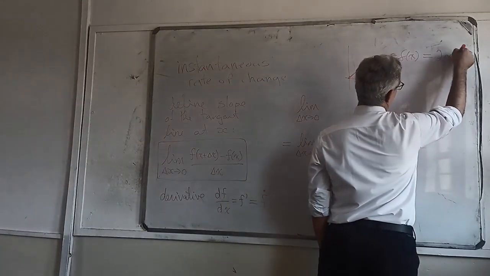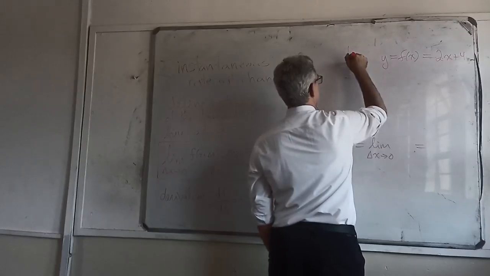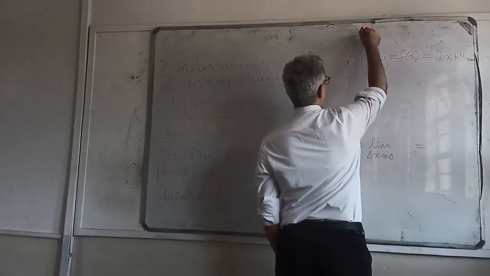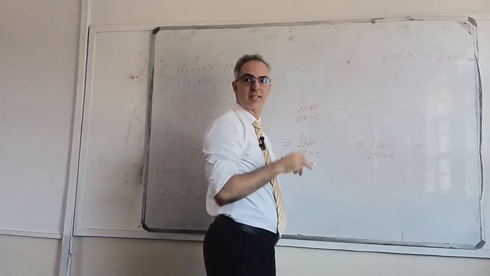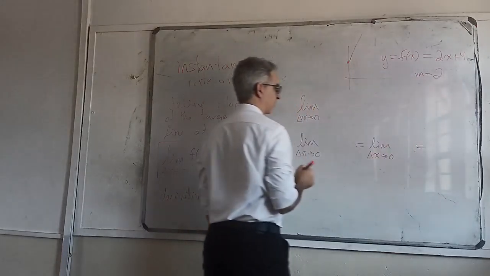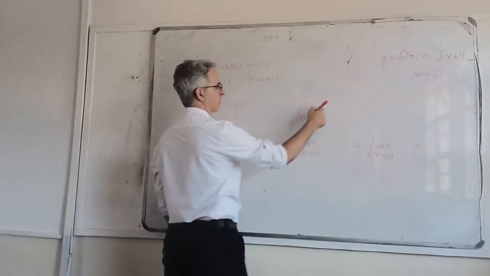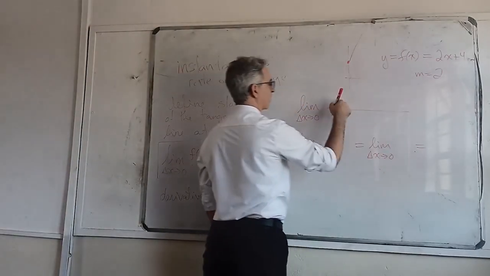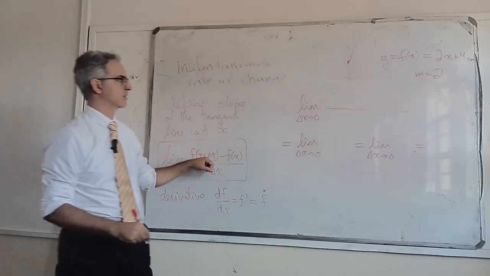Okay. 2x plus 4 means it will intercept at 4 and it will go up faster, 2 instead of 1. What is the slope of this? Slope is 2. Okay. So let's use our definition again. What do we have up top? We have a function of x plus delta x.